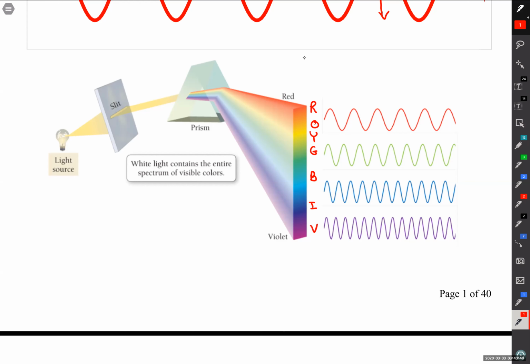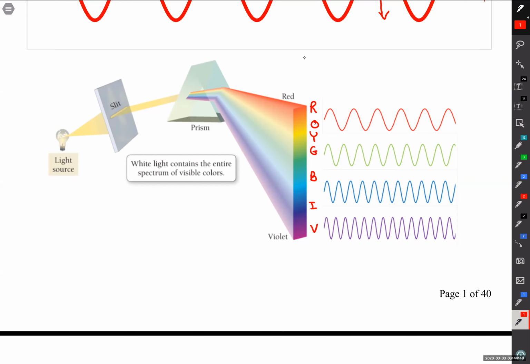Sorry. So when you hear the term Roy G. Biv, they made this saying to help us remember. It represents the colors of the rainbow in order of increasing what? Wavelength? R is the longest wavelength. V is the shortest wavelength. So this is the lowest energy. This is the highest energy.